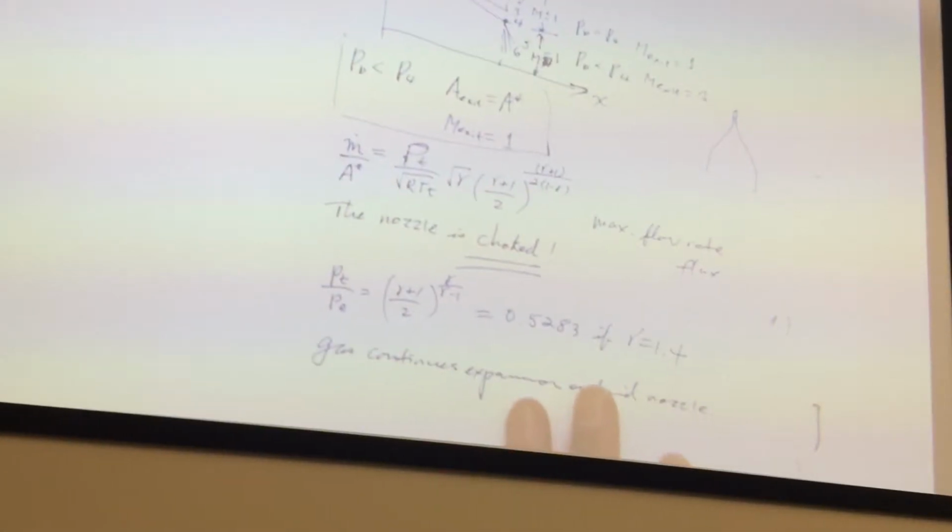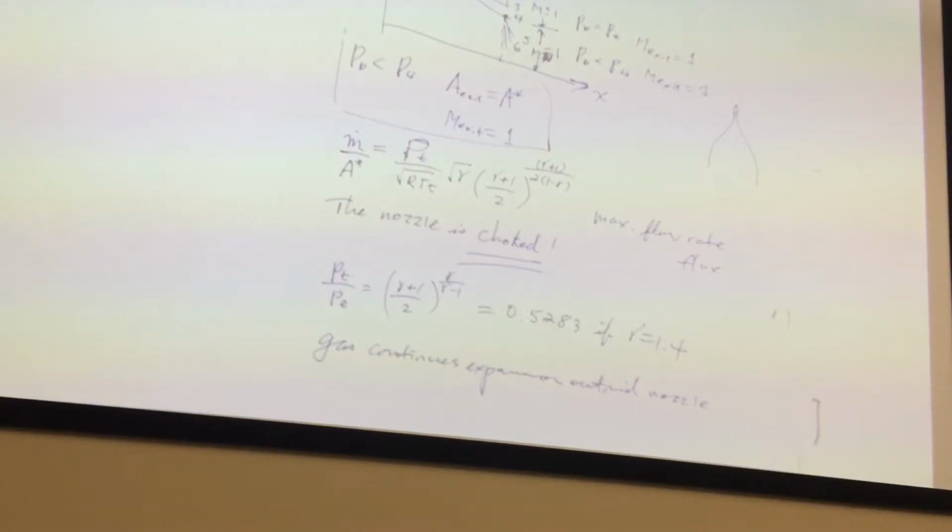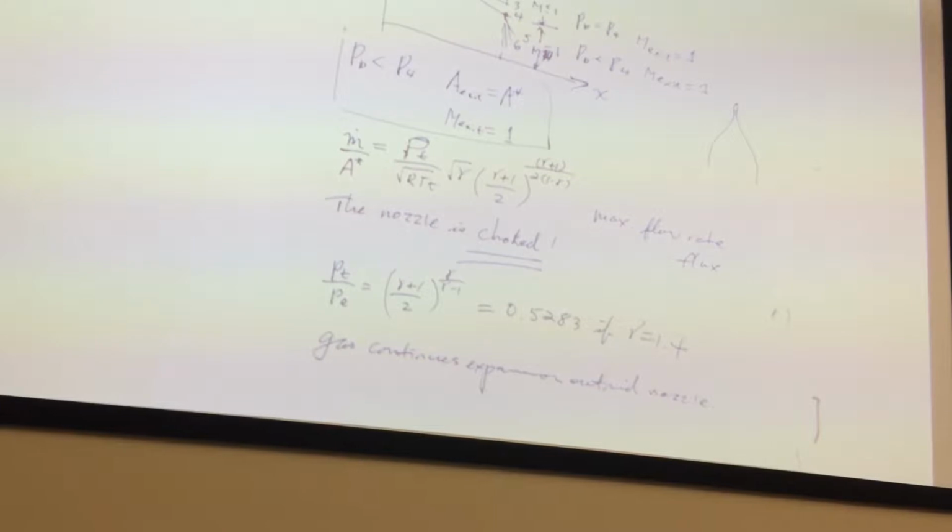Now, this okay now? And now, if you have sufficiently high pressure ratio, you will have Mach number equal to 1 at the exit. What is the ratio?